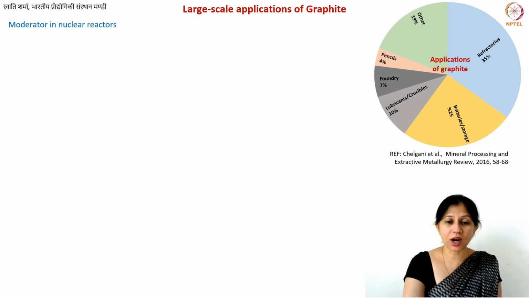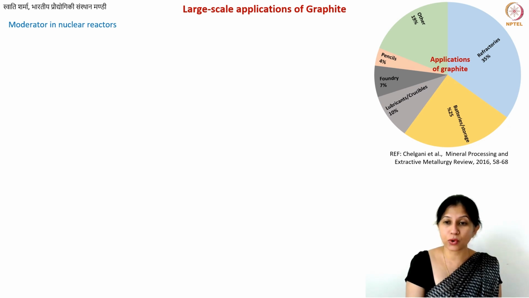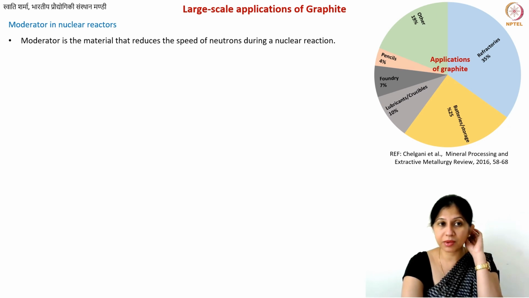One application that I have not mentioned here, because lately it's not so common anymore, is that in the early nuclear reactors in the 50s and 60s, graphite was used as a moderator material in nuclear reactors. What is a moderator material?